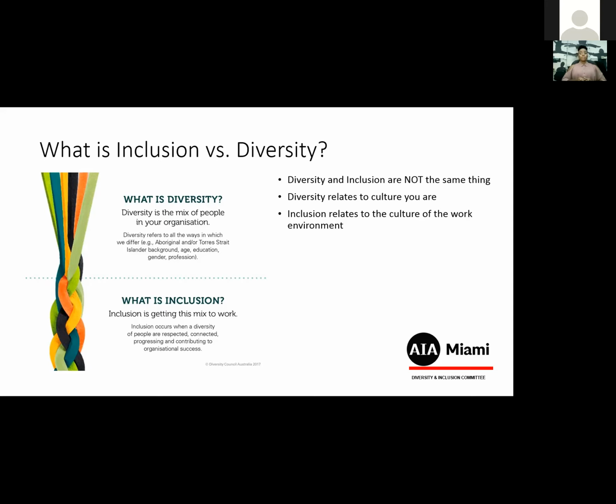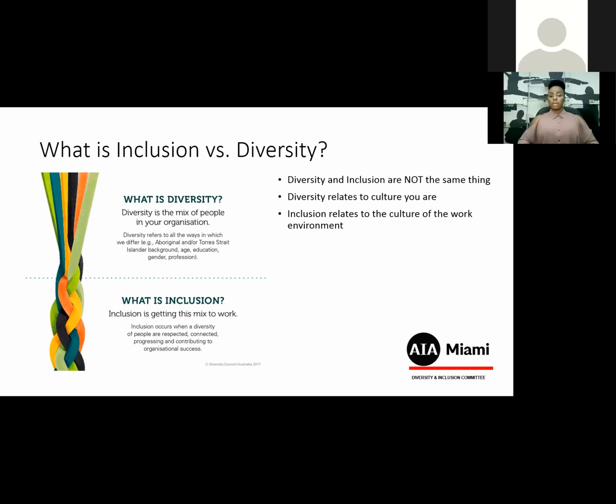In other words, you can have an environment full of many different cultures, yet that environment still might not be inclusive if the cultures don't work together. The idea is diversity needs to lead into inclusion so that when you have these diverse cultures, they come together and they learn to work together.